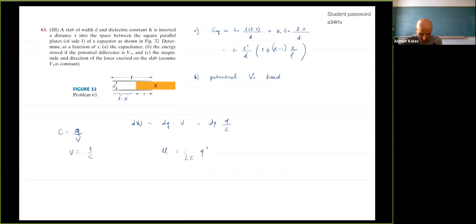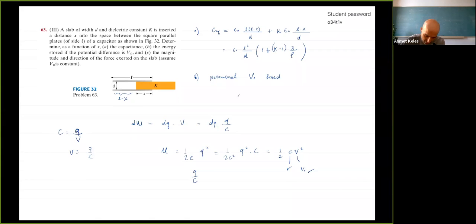So this one is not good for me because I have a fixed potential. Let me try to rearrange this. Q squared over C is equal to C squared V squared over C, because Q over C is equal to V, so it's equal to 1/2 C V squared. This one is good because I calculated C and V is V naught, so I've got everything.